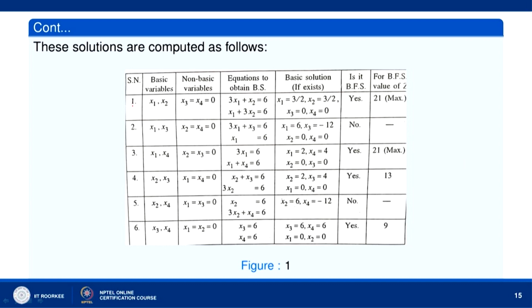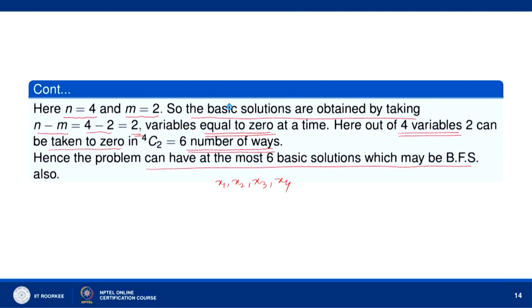In the first case we have x 1, x 2 as basic variables, and the non basic variables are x 3, x 4 which are being taken as 0. We have said that the non basic variables are those which are taken to be equal to 0. The equations are now reduced to, you see, we have these equations.